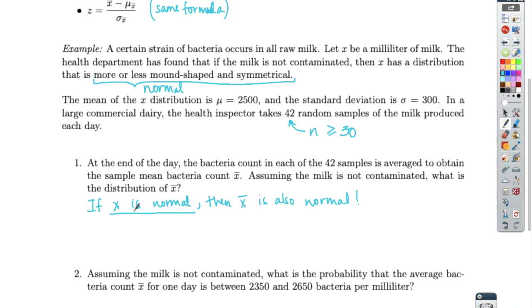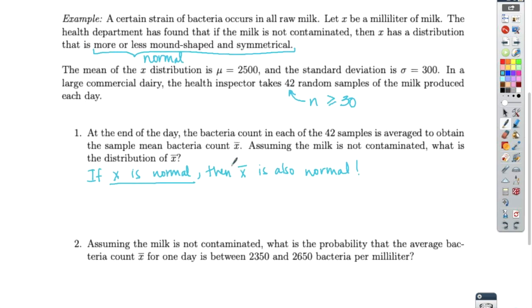Okay, so we'll say a little bit more about this. We know that the X bar distribution is normal. When we describe a distribution, we should talk about not only its shape, but also the mean and the standard deviation. I'm going to make sure to include these subscripts here because I don't want to use the same letters that have already been used, mu and sigma.